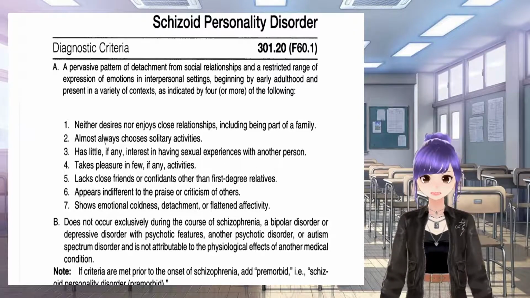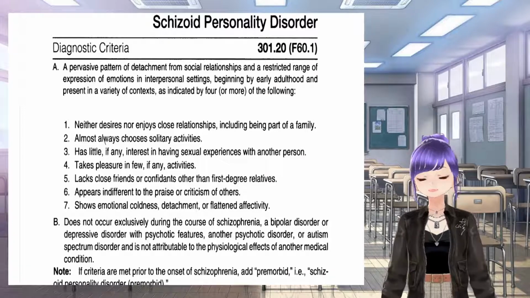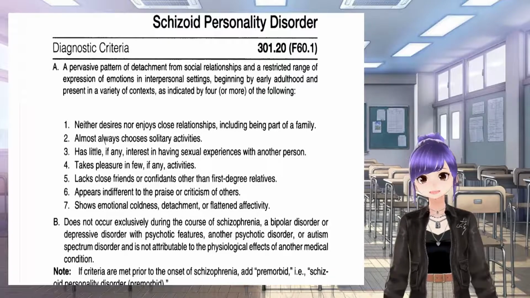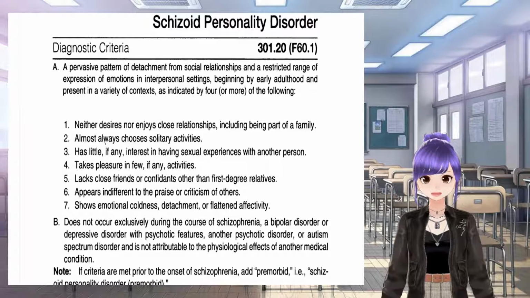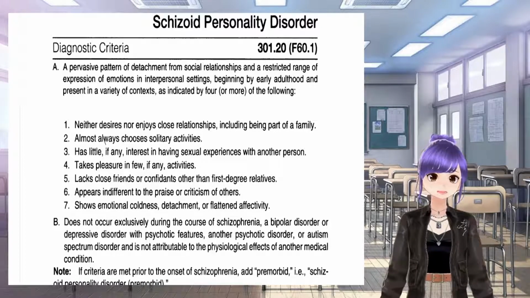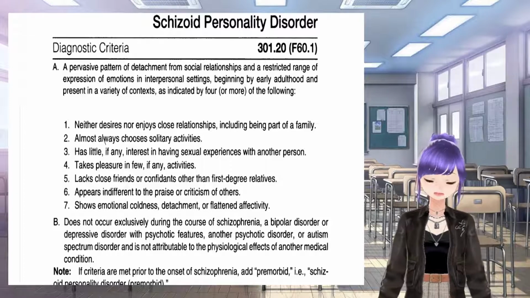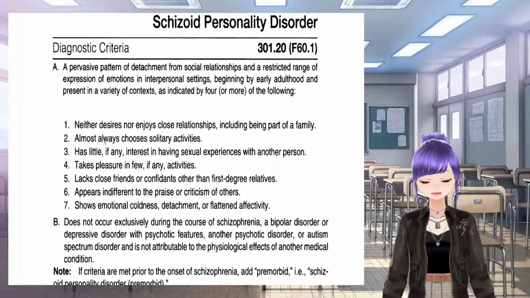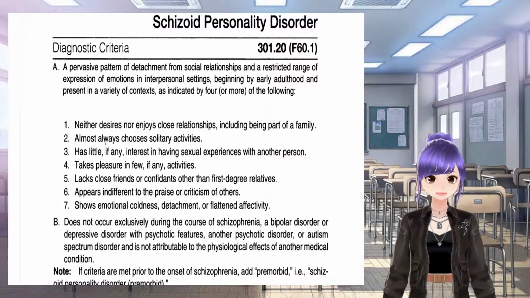Almost always chooses solitary activities, has little, if any, interest in having sexual experiences with another person, takes pleasure in few, if any, activities, lacks close friends or confidants other than first-degree relatives, appears indifferent to the praise and criticisms of others, shows emotional coldness, detachment, or flattened affectivity.